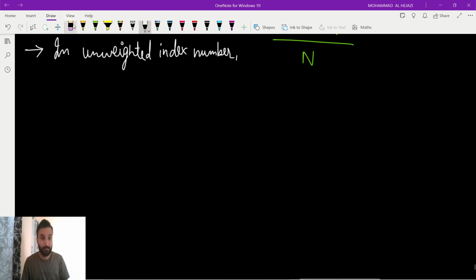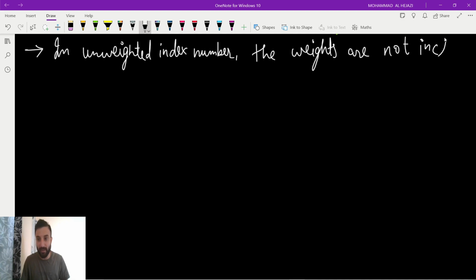Unweighted means weight will not be included. In unweighted index number, the weights are not included, or the weights are not assigned, or the weights are not taken.